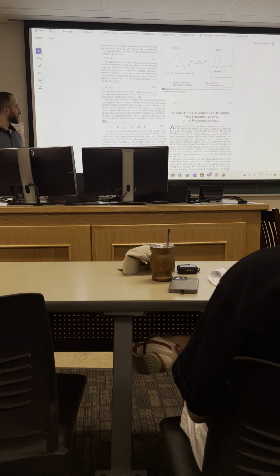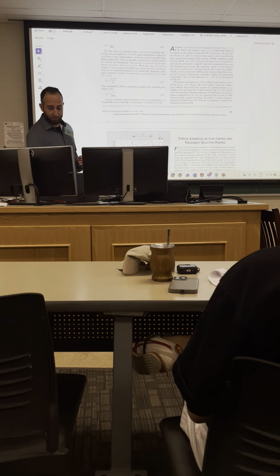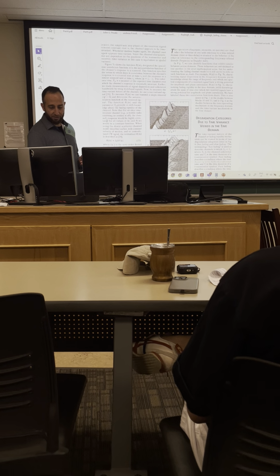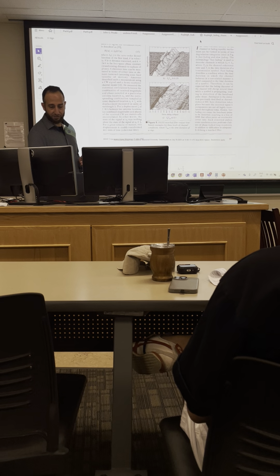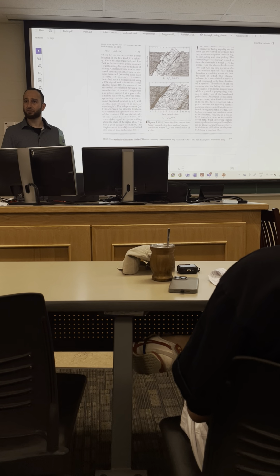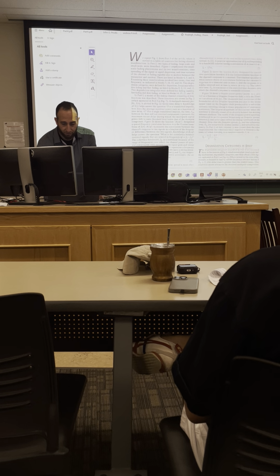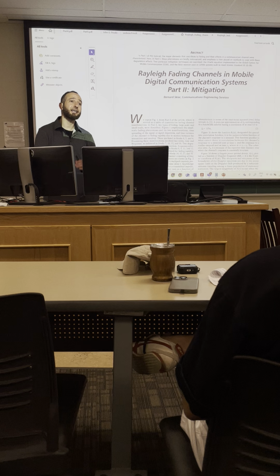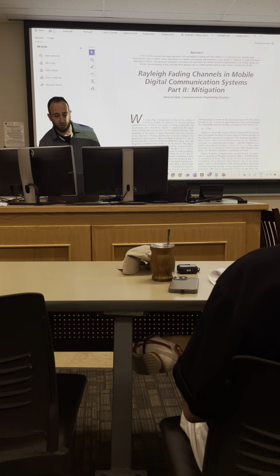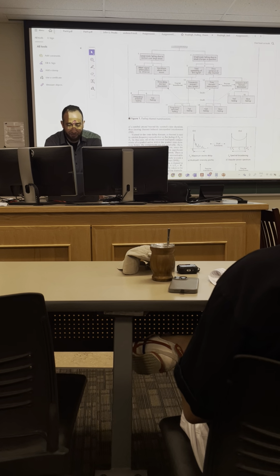So I need you to summarize these two papers. The first paper discusses the fading, large scale and small scale, but with a wider perspective regarding practical applications. The second one is the mitigation, how to mitigate this fading. He discussed several types here.